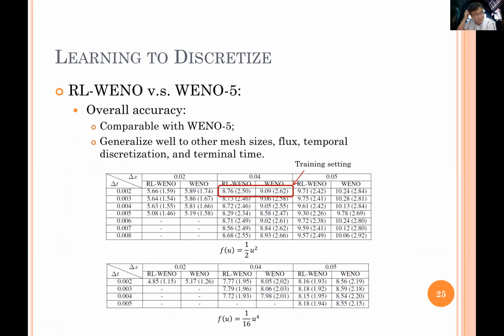And we actually tested other settings. Other than this circled setting in red, we tested all of the other settings for generalization. We found that using reinforcement learning generalizes particularly well. The reason is that at the very beginning, I said that reinforcement learning is the model itself.